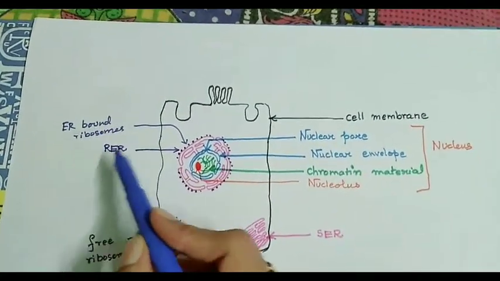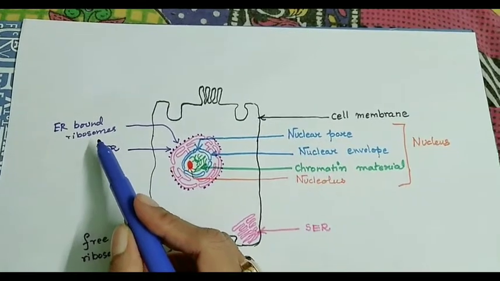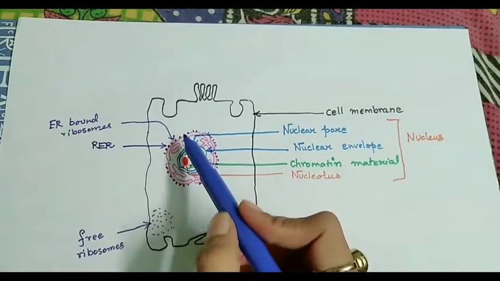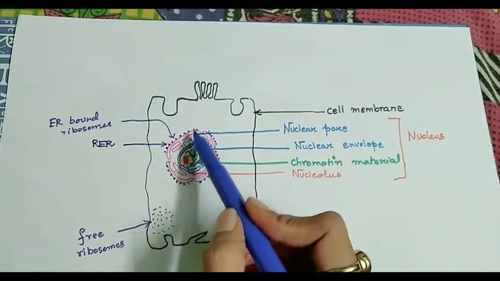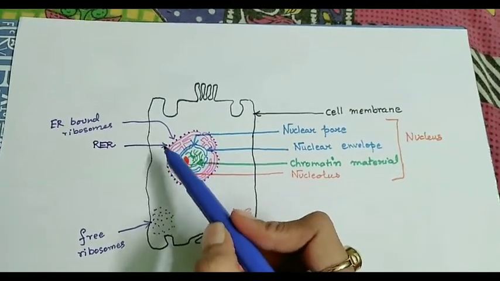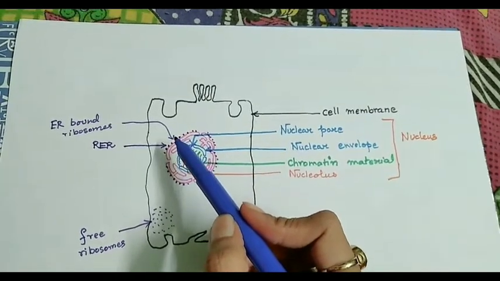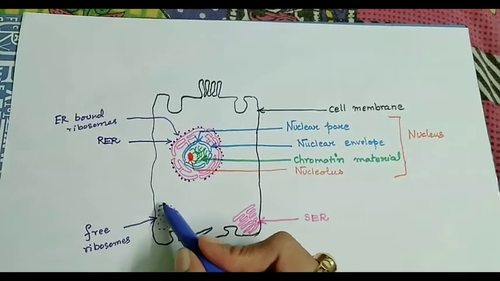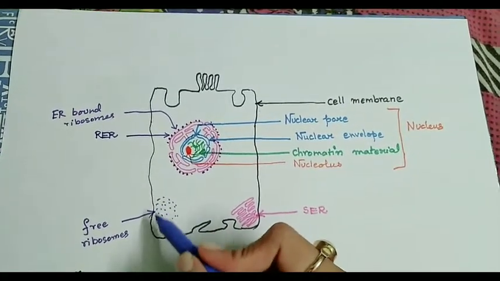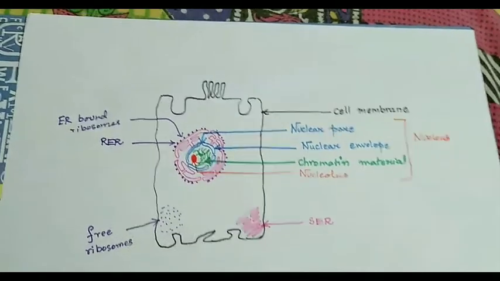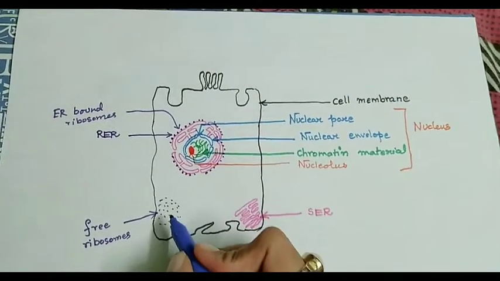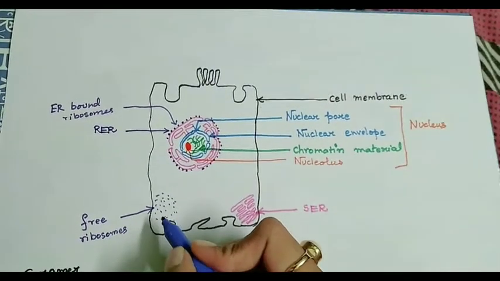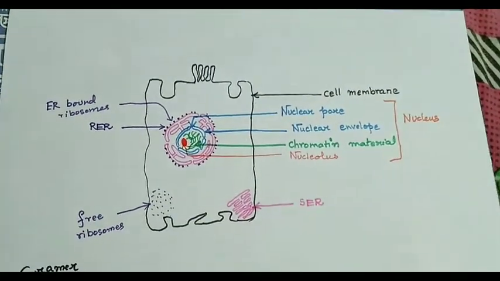Now the main difference is that the ER bound ribosomes create the proteins which are required outside the cell, and the free ribosomes make the proteins which remain inside the cell. Okay, this is the main difference between the free ribosomes and the ER bound ribosomes. You have to keep this in your mind. That difference is very, very important. So two types of ribosomes will generally be found.